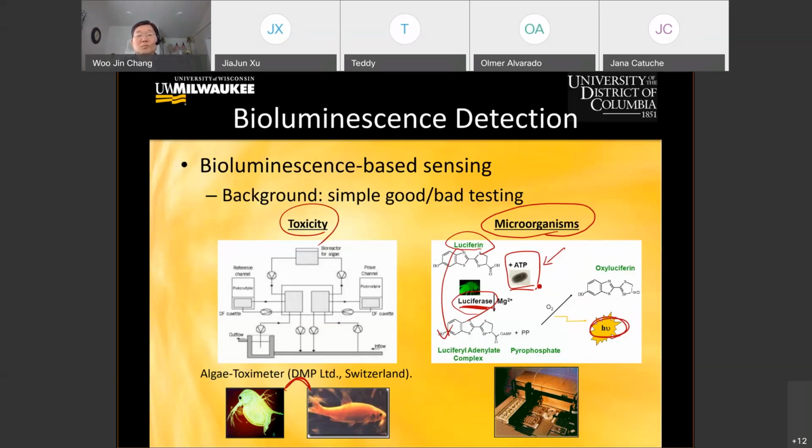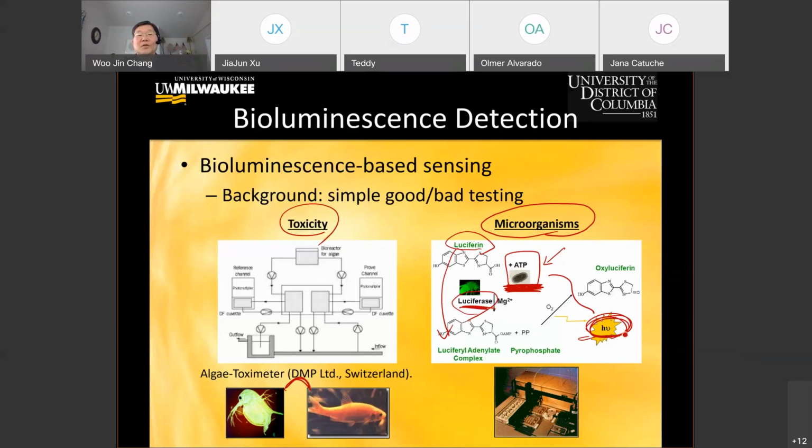So if we have ATP only generated or extracted from living organisms like E. coli, then the amount of light is proportional to the amount of ATP. So under the condition that we can expect no other ATP to be included, we can use this method.